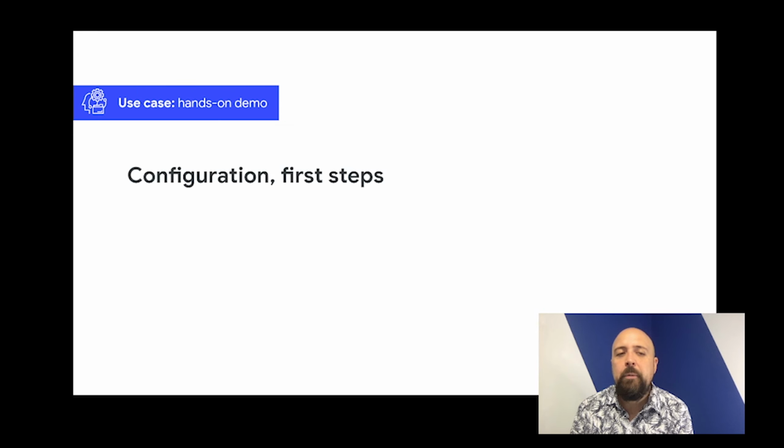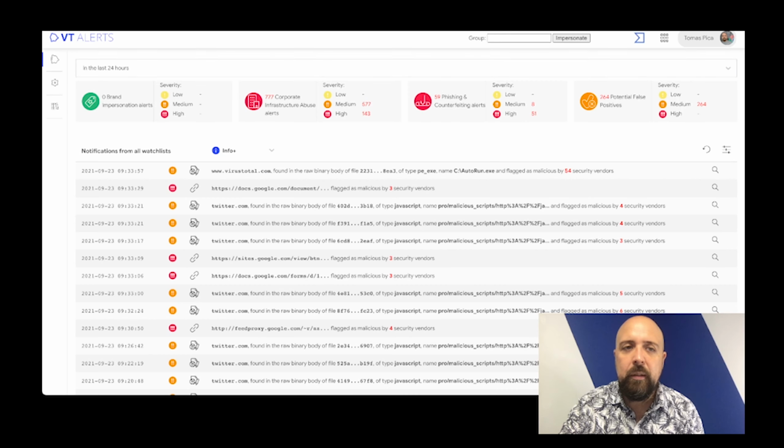Now, let me walk you through a live example of how to start with VirusTotal creating your first 3 watchlists. First, you may want to go to the Watchlist tab here.